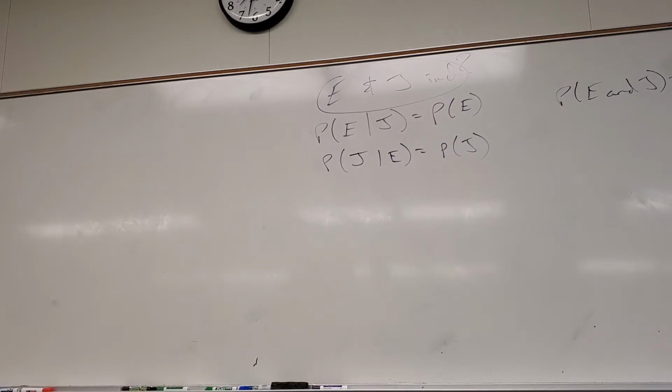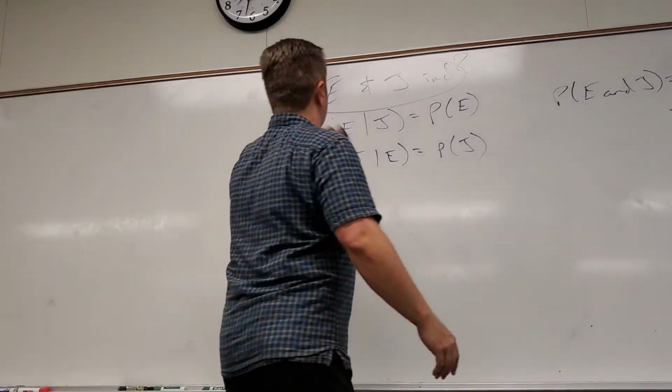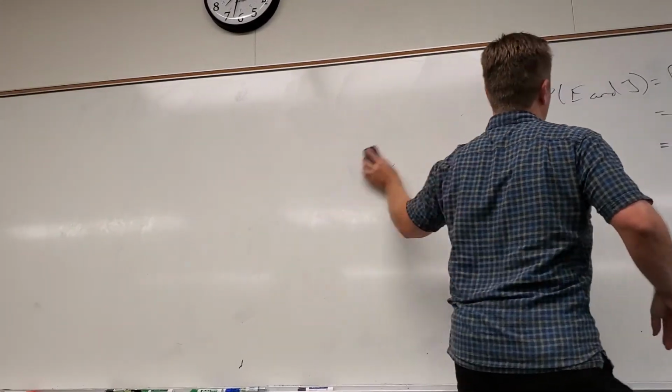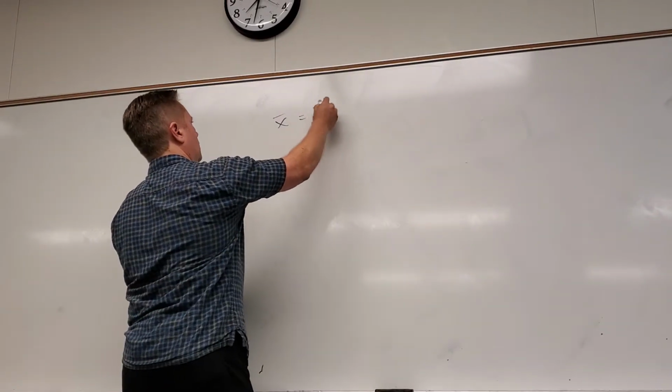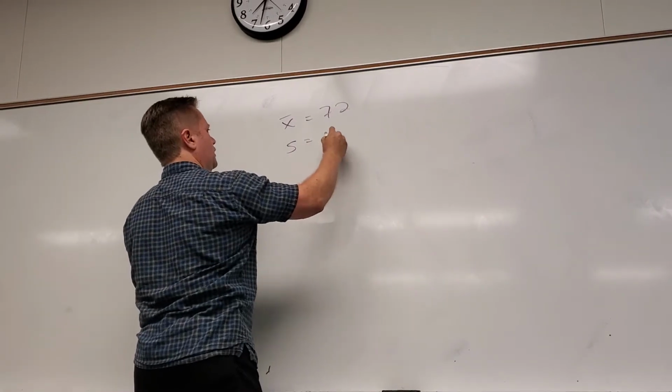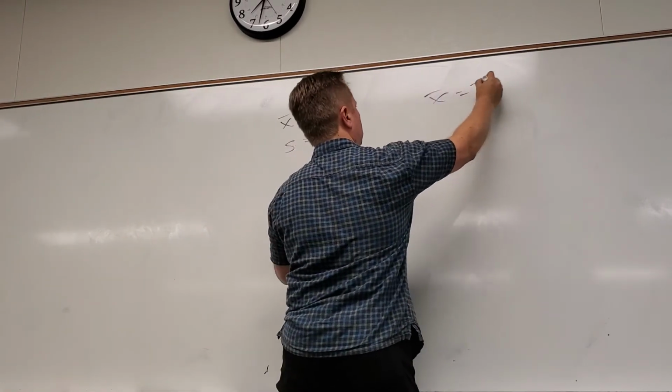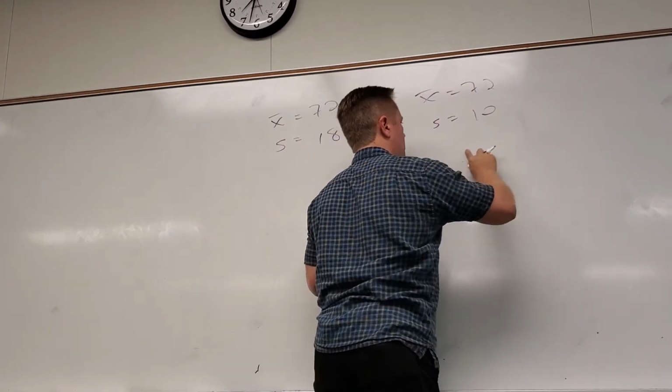Let me write that down. So let's say there's one class, average of 72, and a standard deviation of 18, I think I said. And the other one is 72 with a standard deviation of 10.